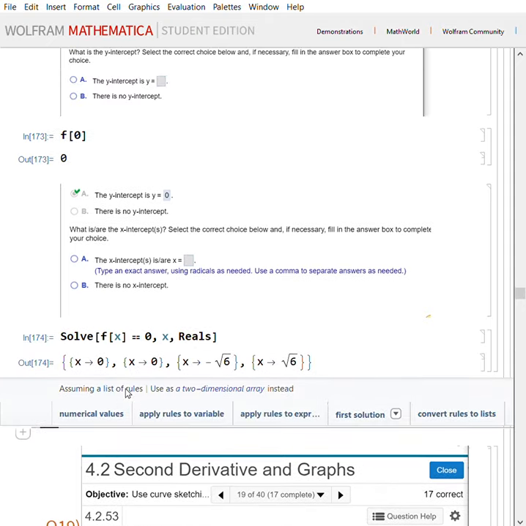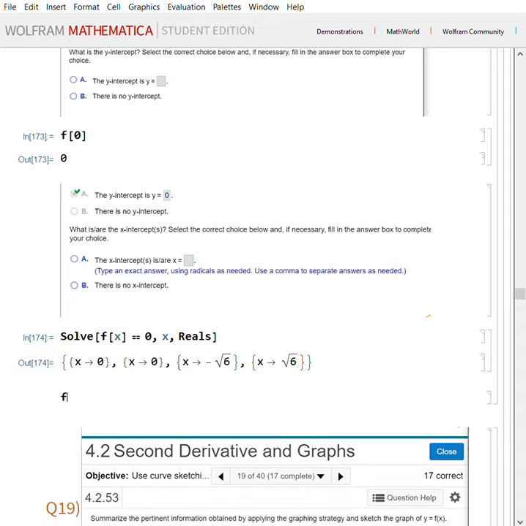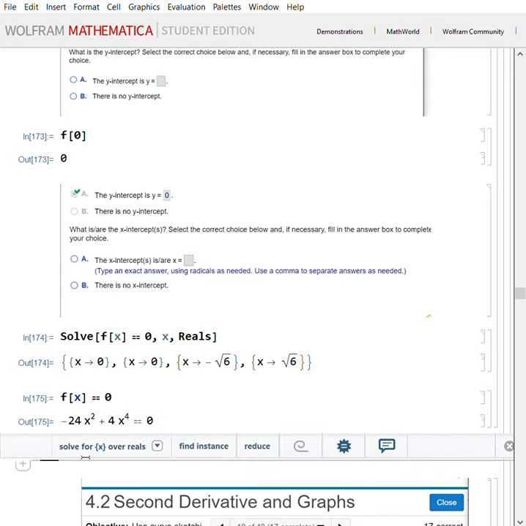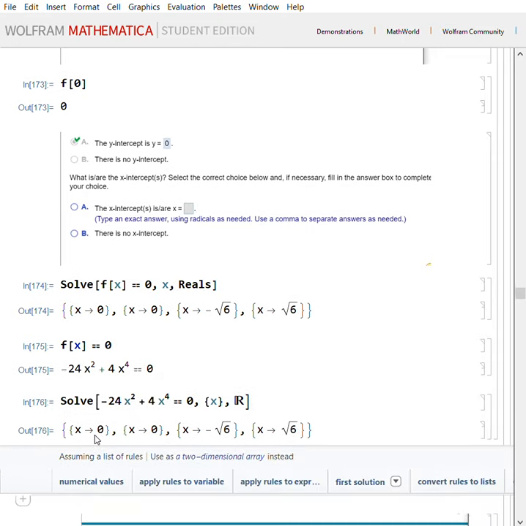And if you ever find yourself too lazy to do the solve function, you can just do f of x equals 0, and then it will suggest to solve it over reals, and it would be the same thing. So now you know your x-intercepts are 0, comma, positive or negative the square root of 6. Check the answer, and the answer is correct.